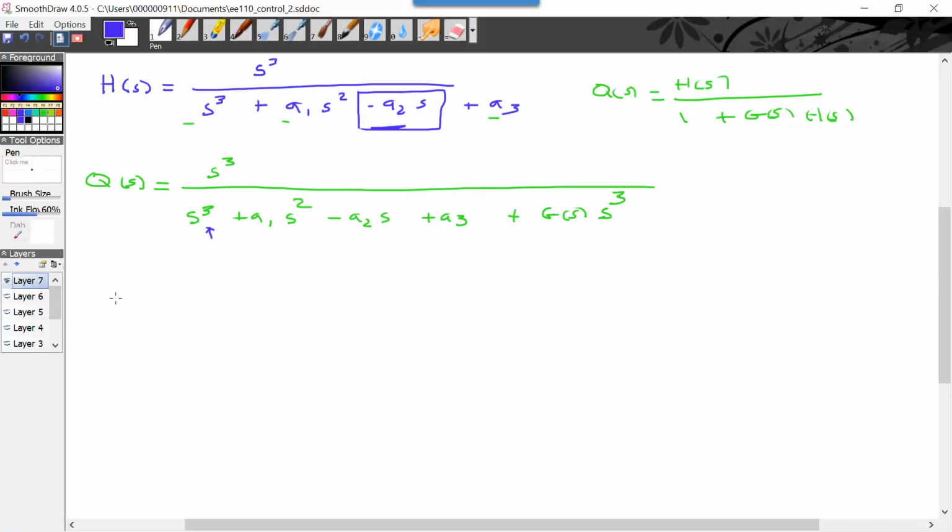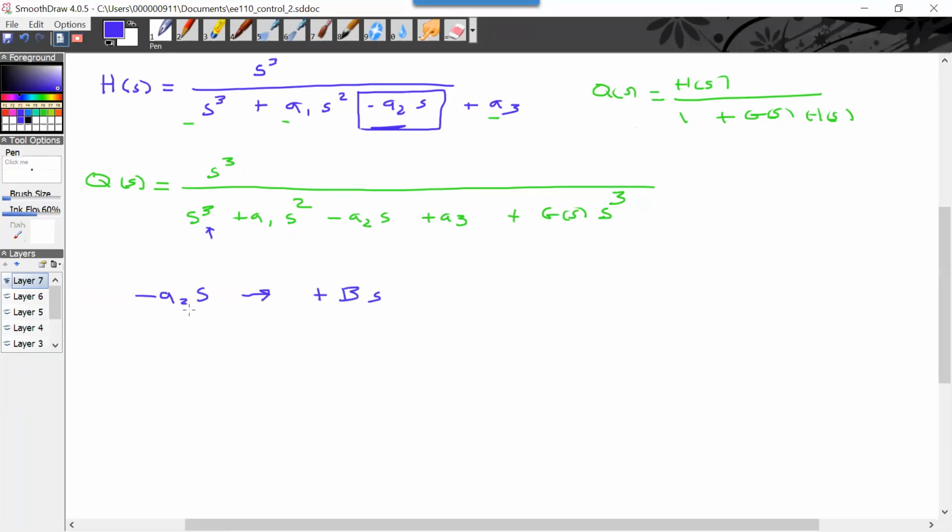All right. So what I need to do, and I'm just trying to puzzle this one out as if I haven't done this ahead of time, is I need minus A2S to be positive, some other constant.